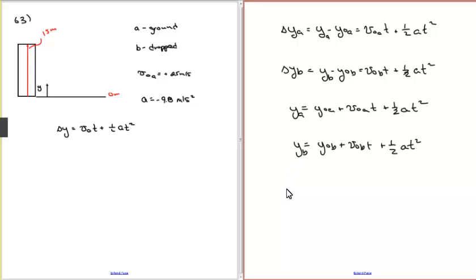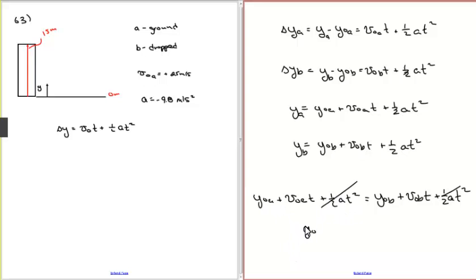So what we have is y0a plus v0a t plus 1/2 a t squared equals y0b plus v0b t plus 1/2 a t squared. Well, you see these cancel out. They're on both sides. And what else do we know?